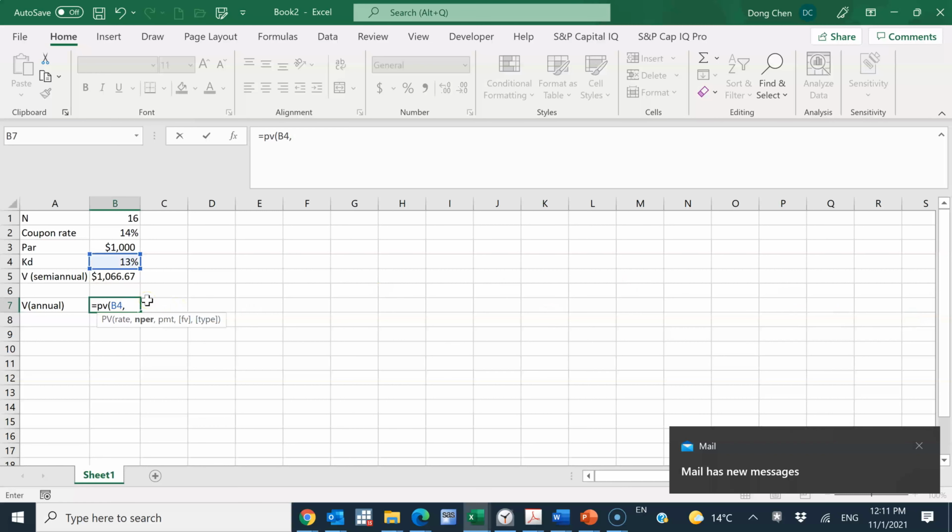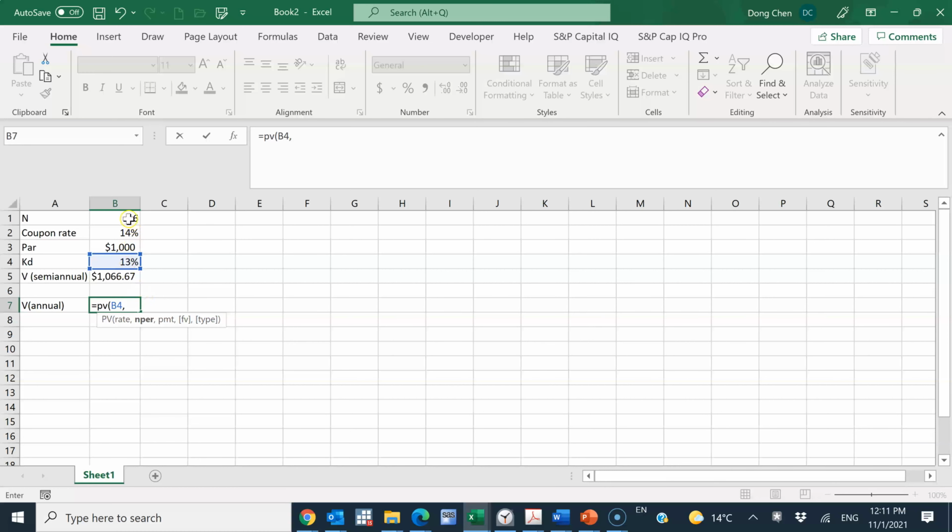And the second argument is the NPER. So that represents the number of coupon payments. And since we have the annual coupon payment, this is simply the number of years. And the payment is the coupon rate times the par value. And I also put a negative sign in front of that. And finally, the future value, we don't have to worry about this because that's one single cash flow.